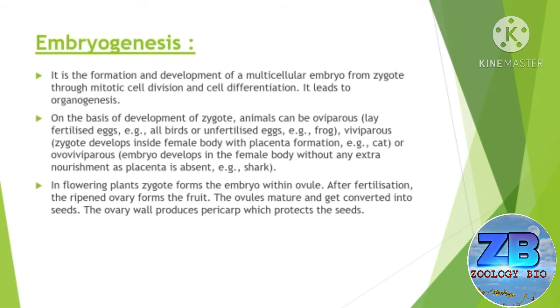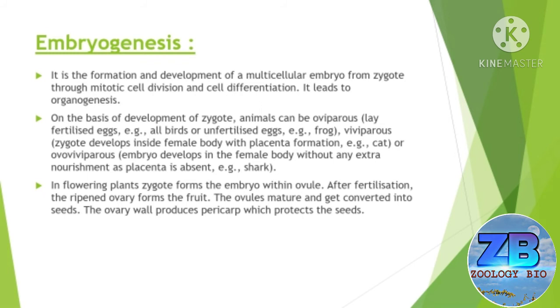Viviparous, where the zygote develops inside the female body with placenta formation, for example cat. Or ovoviviparous, where the embryo develops in the female body without any extra nourishment as the placenta is absent, for example shark.